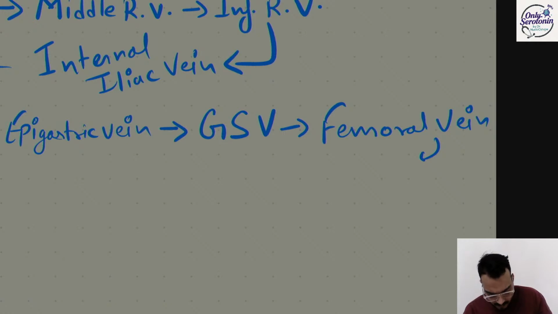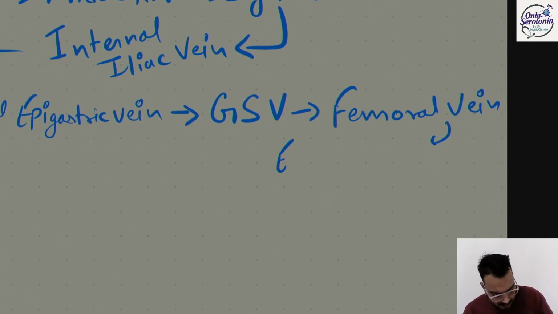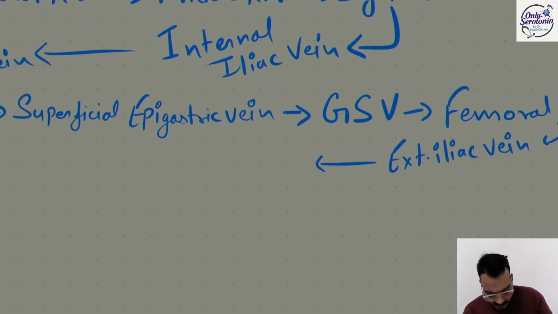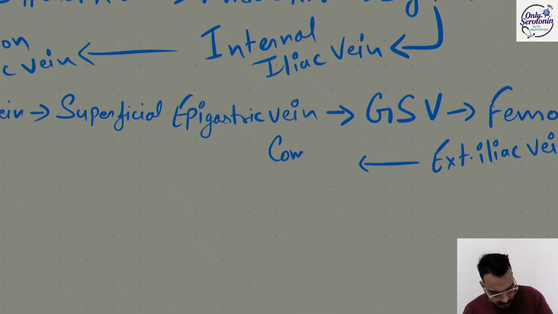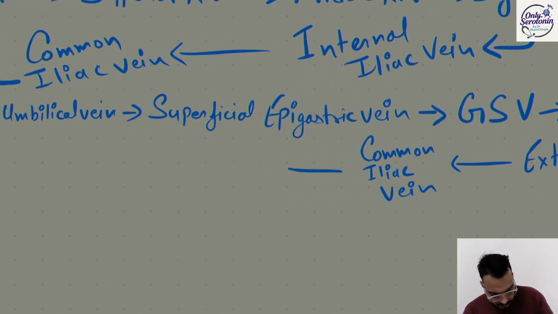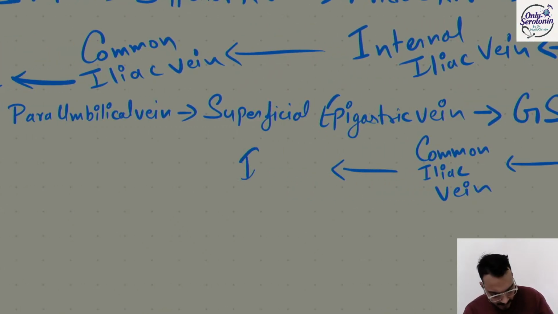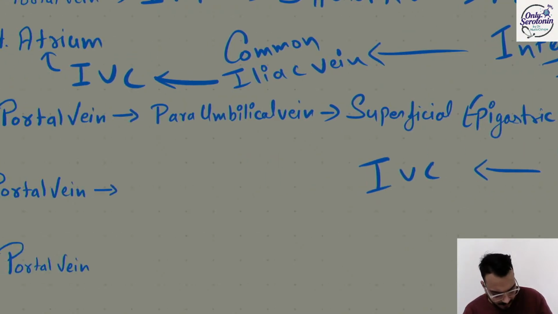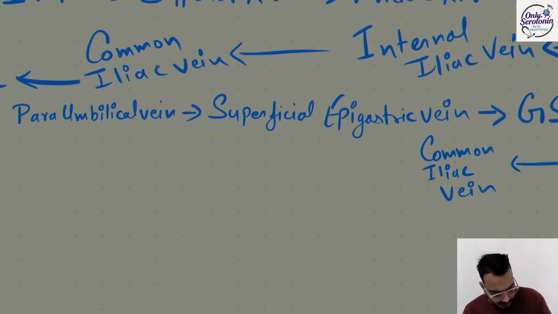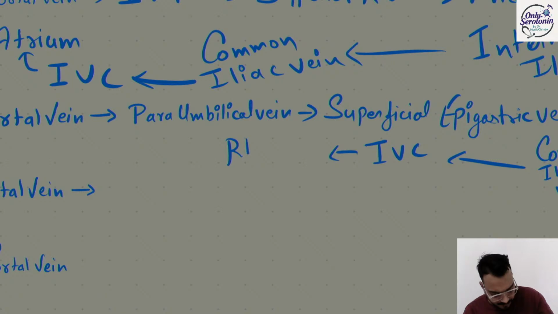From femoral vein it is entering inside external iliac vein. From external iliac vein it is coming into common iliac vein, then to inferior vena cava. And from inferior vena cava it is going where? From inferior vena cava it is going to my right atrium.